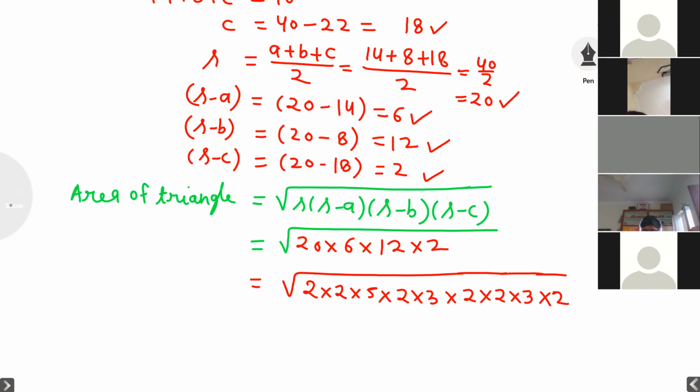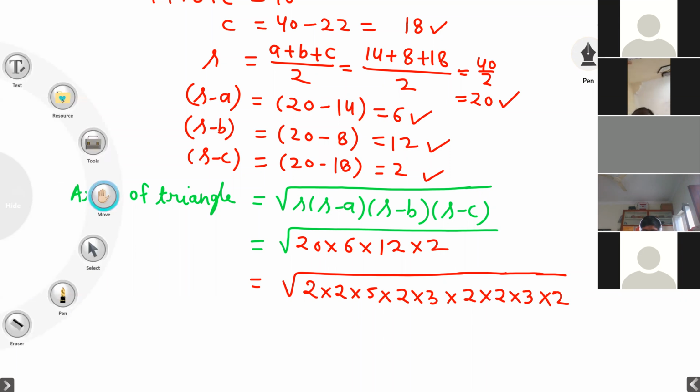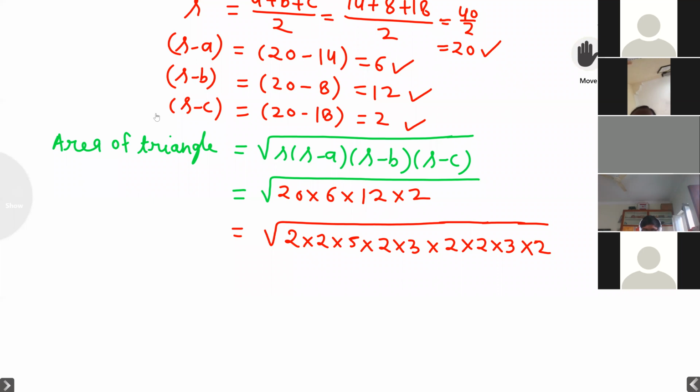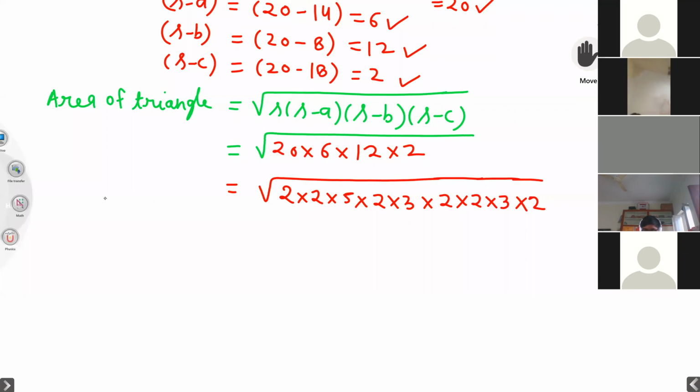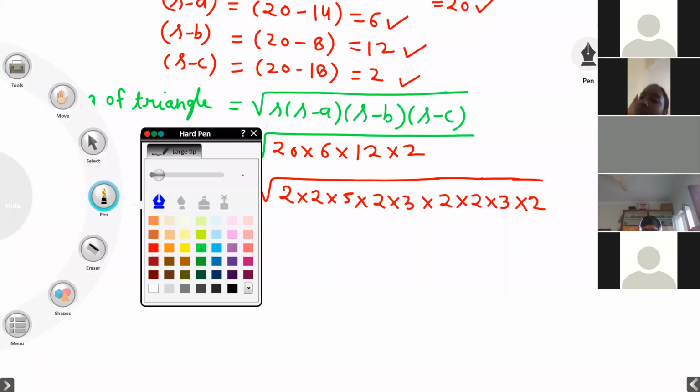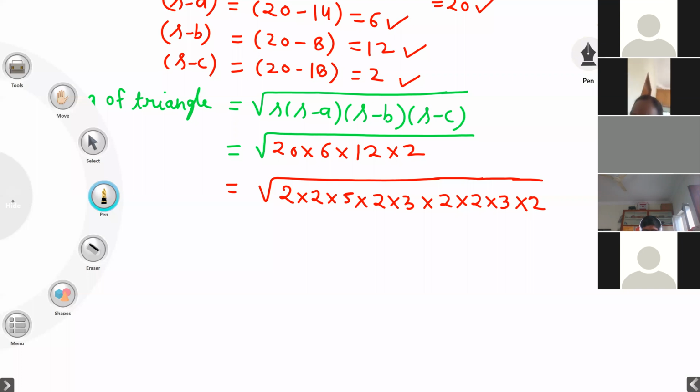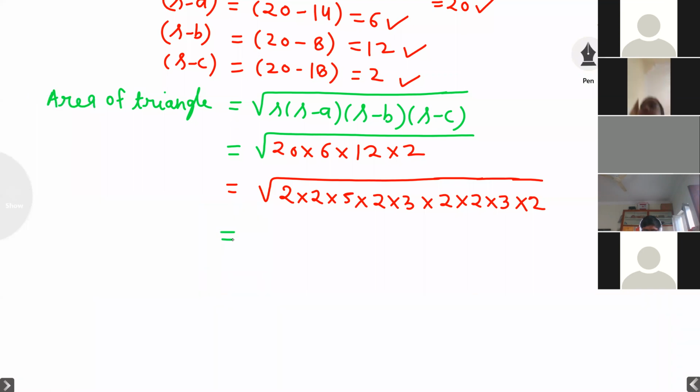Now here, yesterday I have seen so many students solve the question, but they did it wrong here. When we are making pairs, we bring the number outside, then we don't write the square root symbol. Suppose this 2 is there, we will bring 2 outside. Next, this 2 is there, also bring outside.